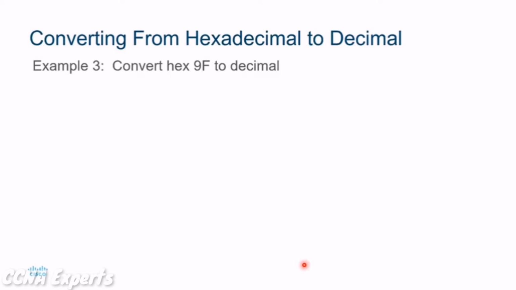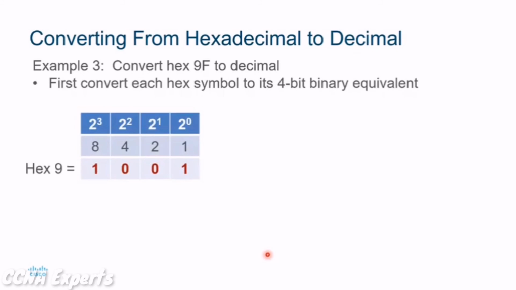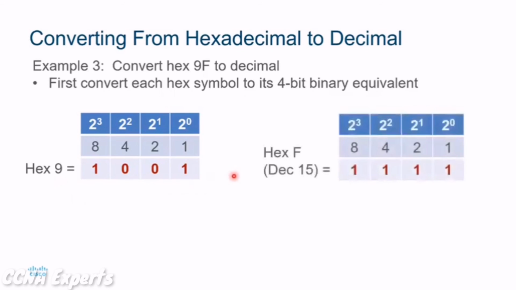First, convert each hex symbol to its 4-bit binary equivalent. I have hex 9, which is the same as decimal 9, and that gives me 1001. And then I have hex F, which is equivalent to decimal 15, and that gives me 1111 in binary.